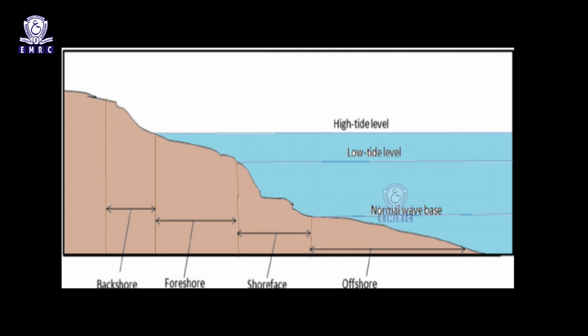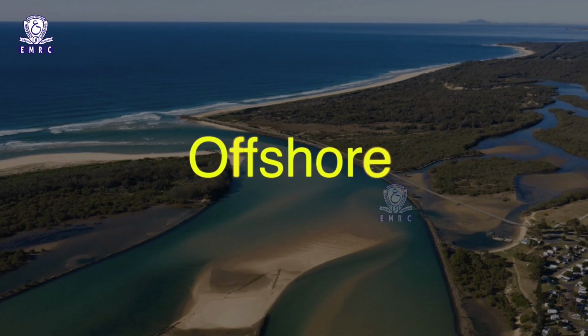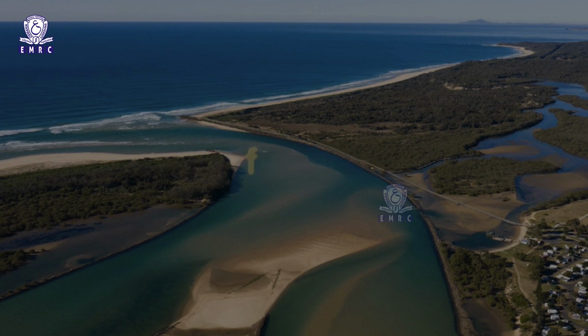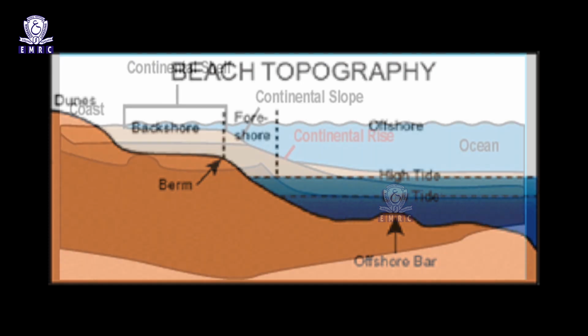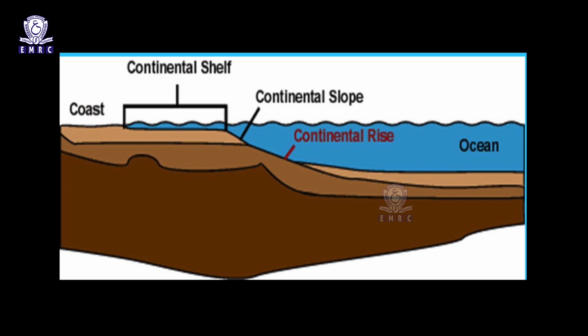Foreshore is a zone that extends from the high tide level to the low tide level. Offshore zone. Offshore zone represents the zone of shallow water extending between the low tide level and beyond it, that is, the continental shelf.